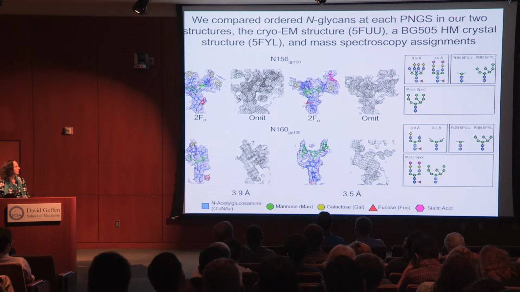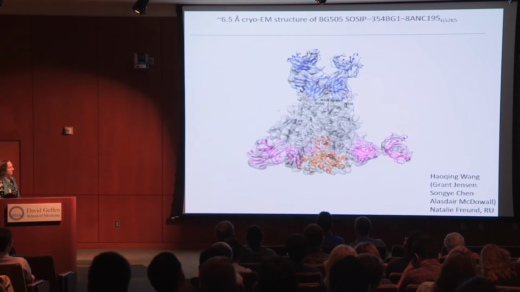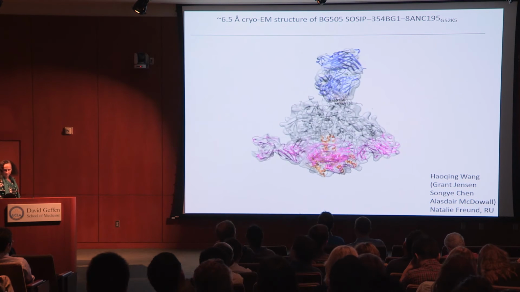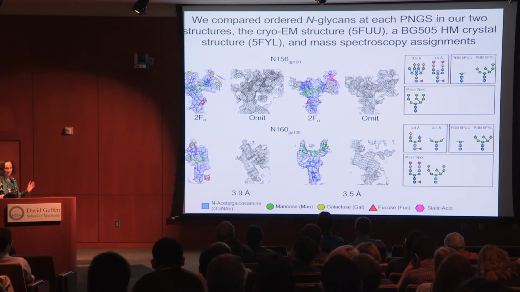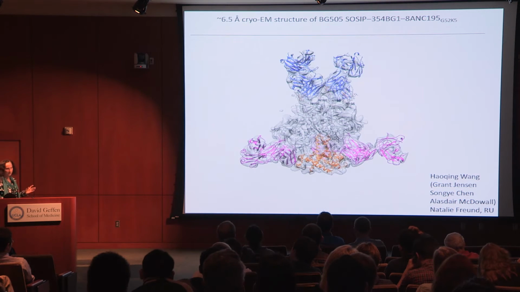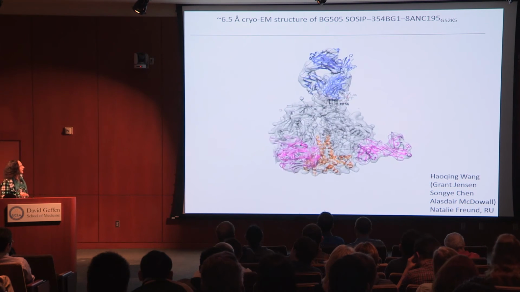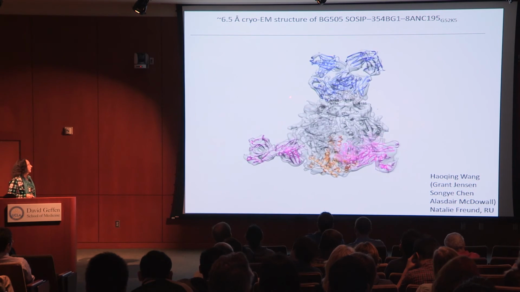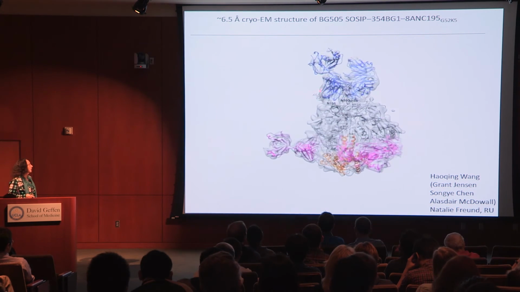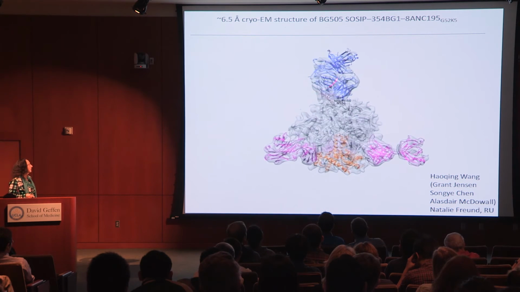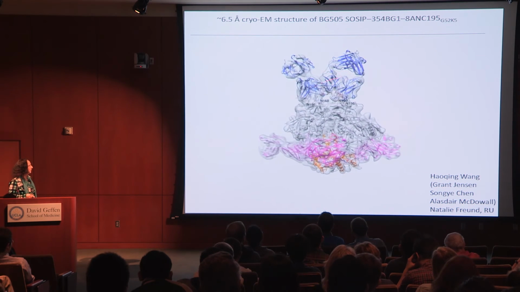And then I just wanted to say quickly while we're on this topic that N156 and N160, we know what those look like, at least in the crystal structure. So Hao-Ching Wang in my lab has been doing single particle EM to look at structures of some of Michelle Nussenzweig's new neutralizing antibodies. And this is one we're interested in called BG1.